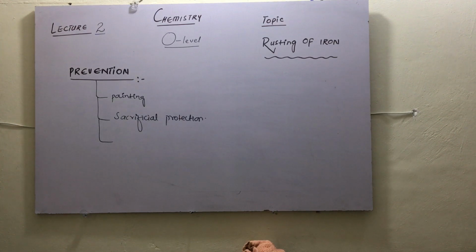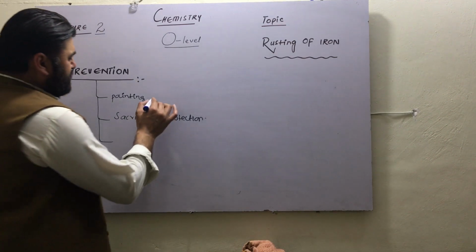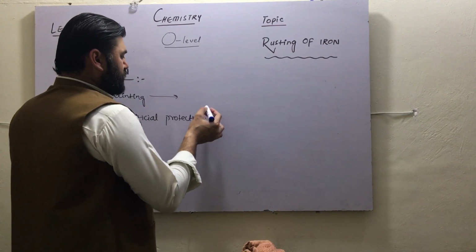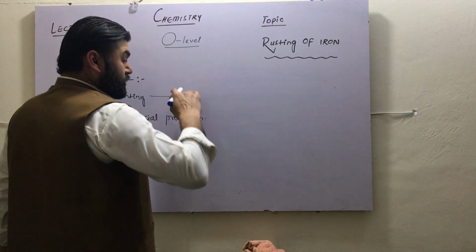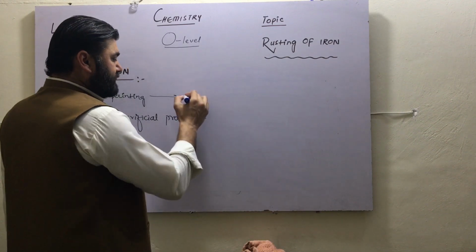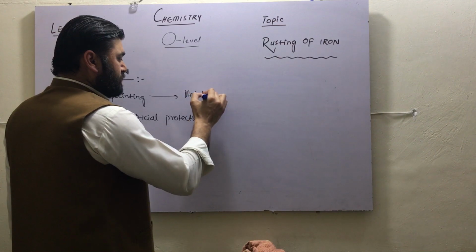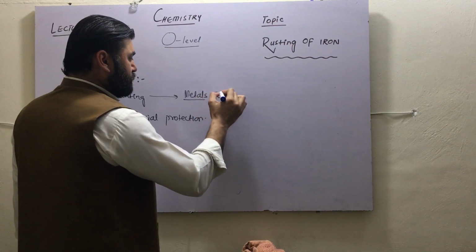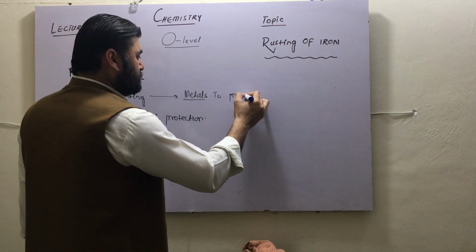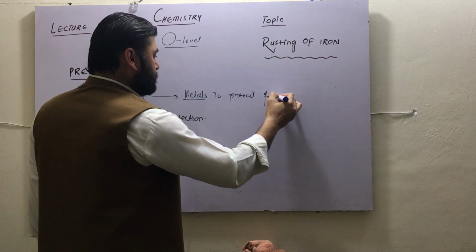What is sacrificial protection? Let me introduce painting first. Painting means we can apply paint on any metal to protect it from rusting.